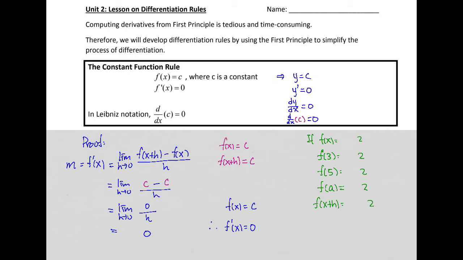And if you look at this graph here, that's the x-axis, that's the y-axis, there is a function y equals 2, which is f(x) equals 2. That means any point along this line, if you draw a tangent line, it will be a horizontal line. That means slope will always be 0.